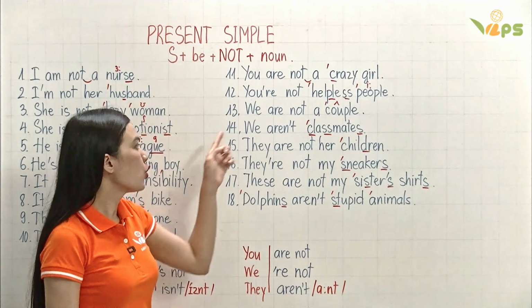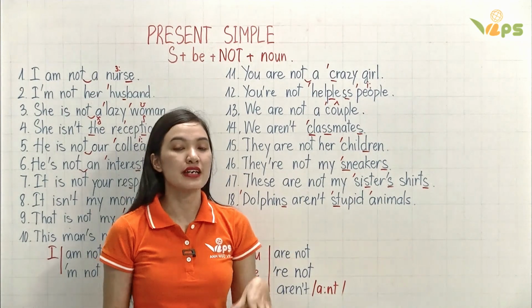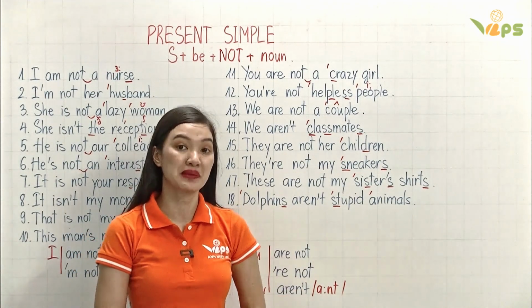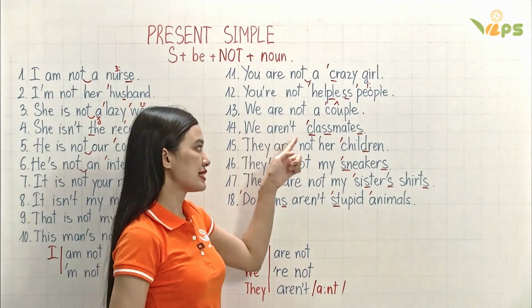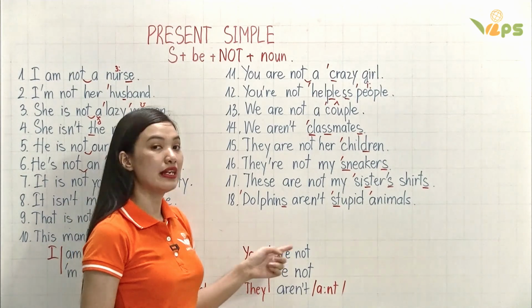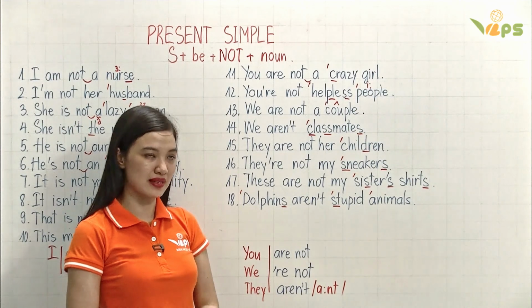Number 14. We aren't classmates. Classmates. If we are classmates, that means we study in the same class. We aren't classmates. Or I can say we are not classmates, or we're not classmates.